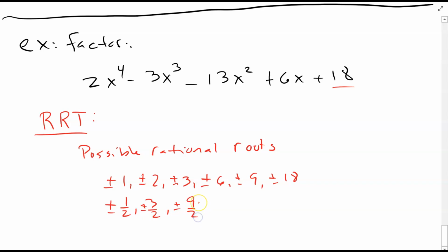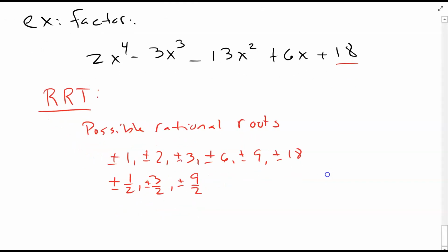I'm going to skip the even ones, though, because 2 over 2, 6 over 2, and 18 over 2 are already on my list, since they reduce down to 1, 3, and 9, respectively. Everybody okay there? Notice this is the same list that we had in the previous example, right?